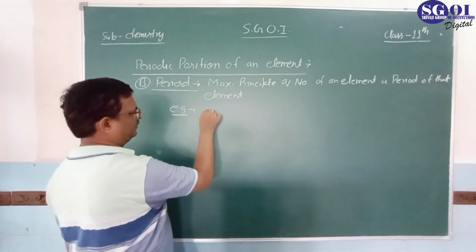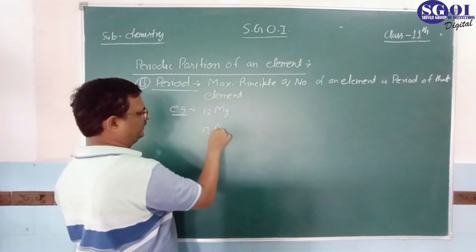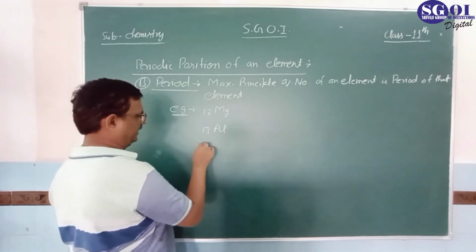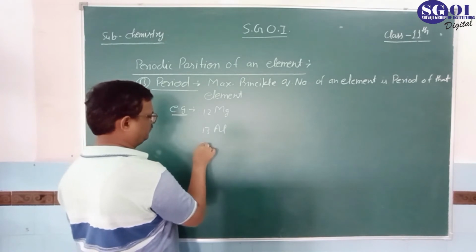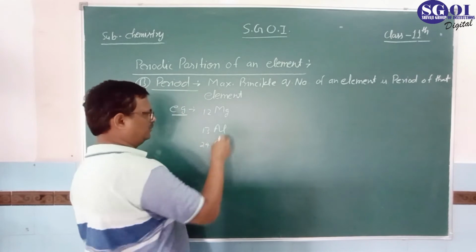12 for magnesium, 13 for aluminium, and 24 for chromium. Here are 3 problems.